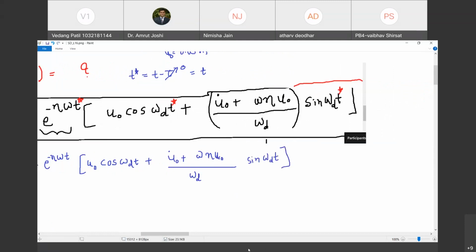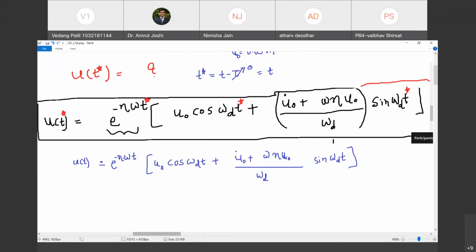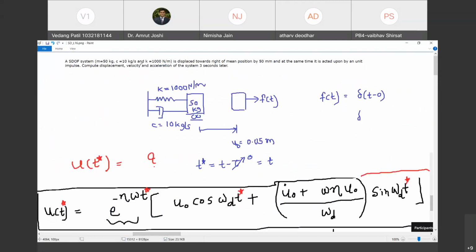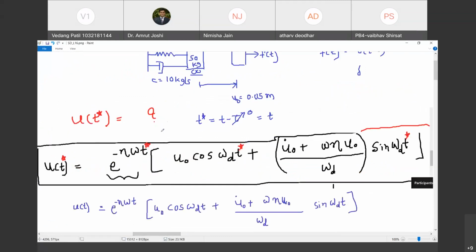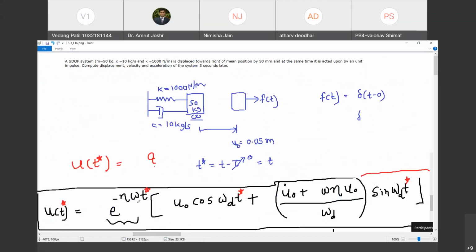Are you with me? Yes, sir. So in that case, what is the value of eta here? You need to calculate that. All the data is given. You can calculate eta, you can calculate omega. Are you with me?